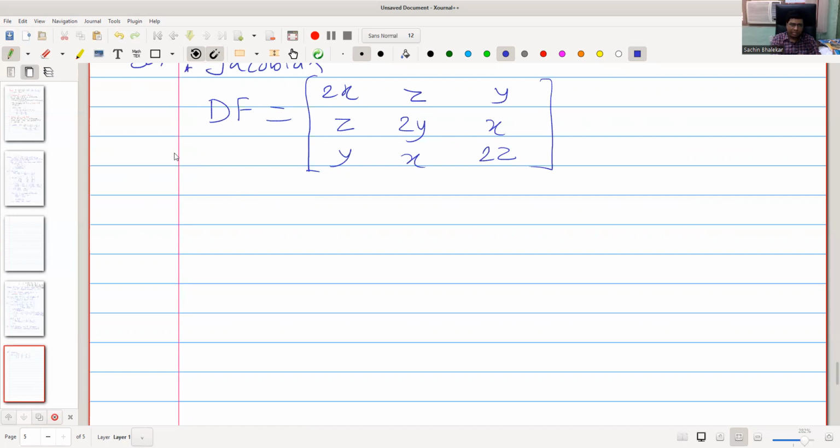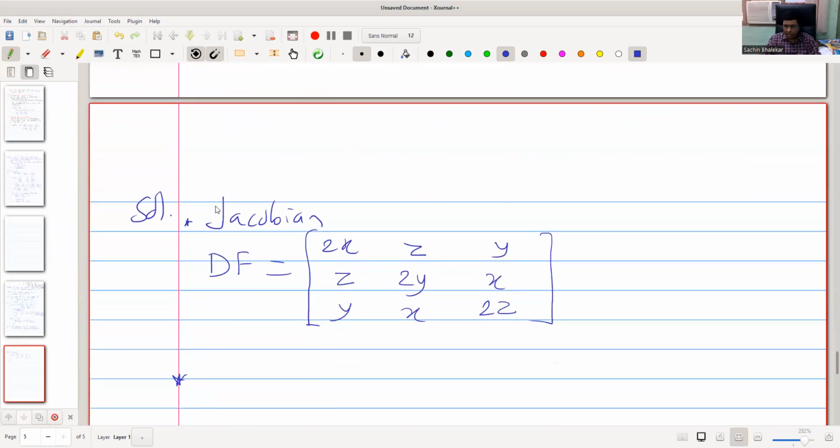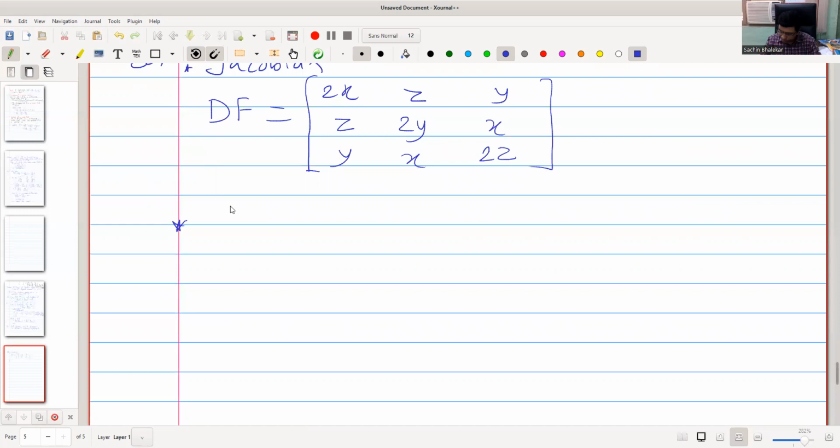Next is curl and divergence. Okay. So let us find curl. Curl f equal to del cross f, and it is the determinant of a matrix whose first row is i hat, j hat, k hat.